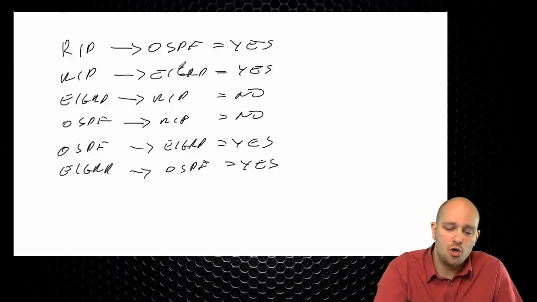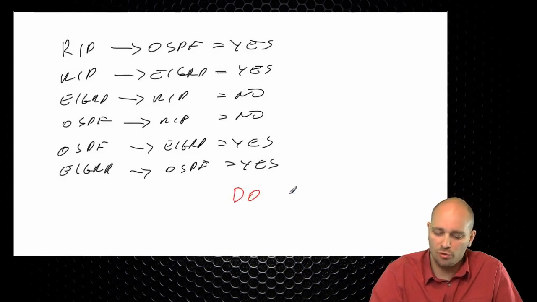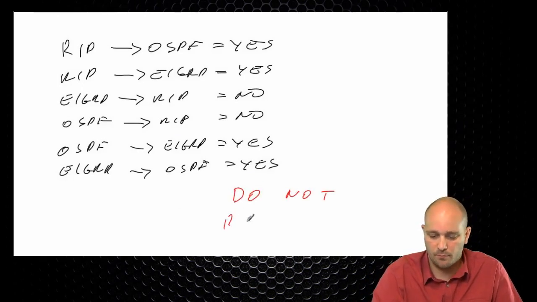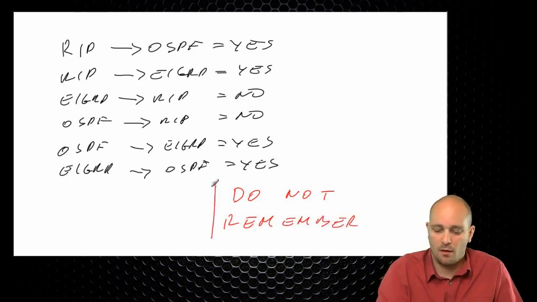I'm pretty sure that you are guessing that it has something to do with RIP, but you are not entirely sure in which direction. This is why I would like you not to remember this. Do not remember. Why?